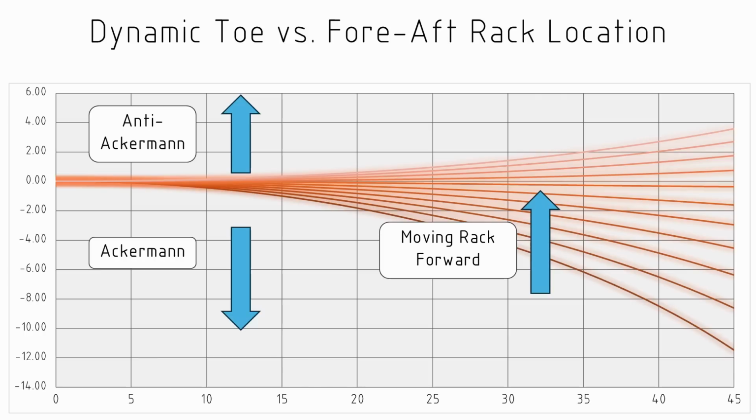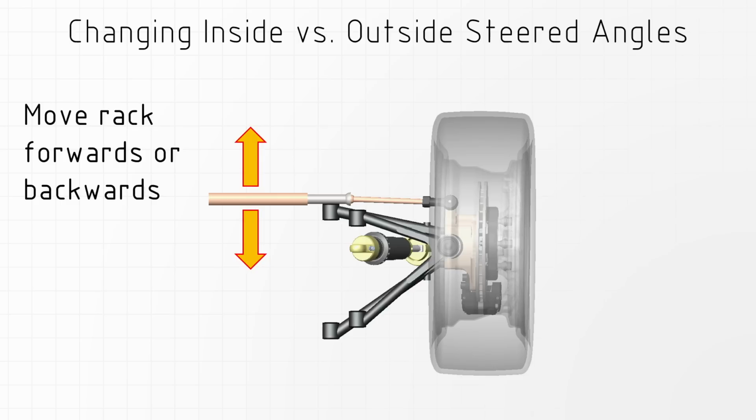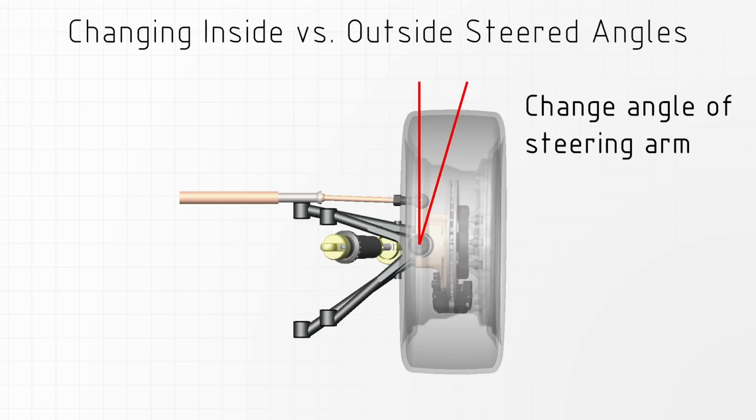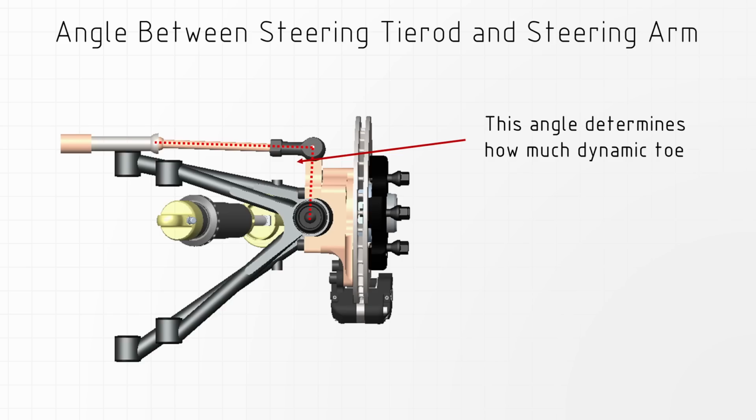As the rack moves forwards, the outside tire is going to move more relative to the inside tire. And if I move the rack rearwards, the inside tire is going to move more compared to the outside. In both the case of the rack moving forwards or rearwards, or the angling of the steering arms on the upright, all it's really doing is changing the angle between the steering tie rod and the steering arm.